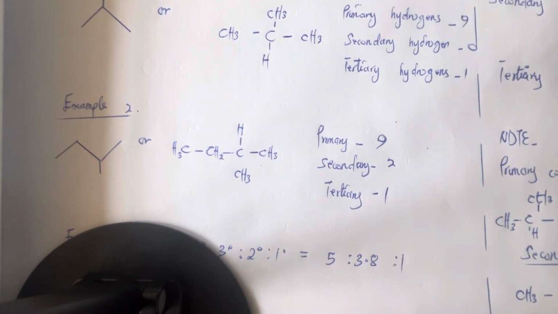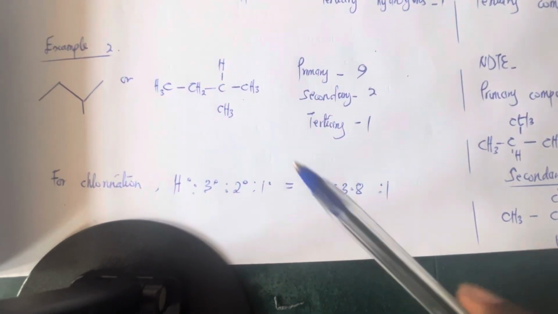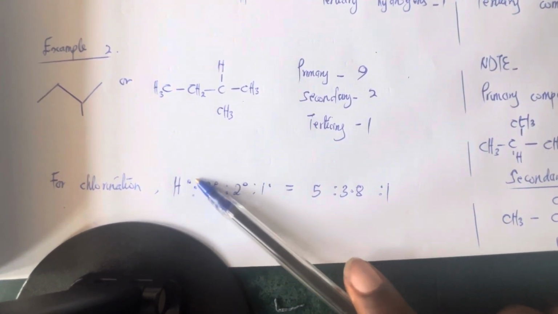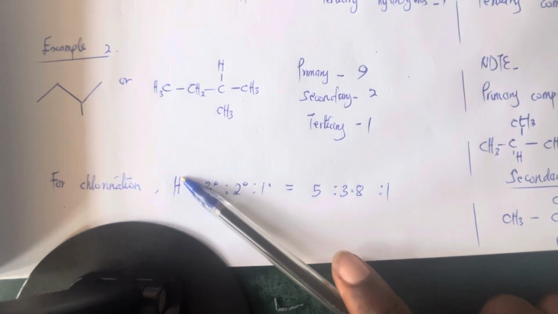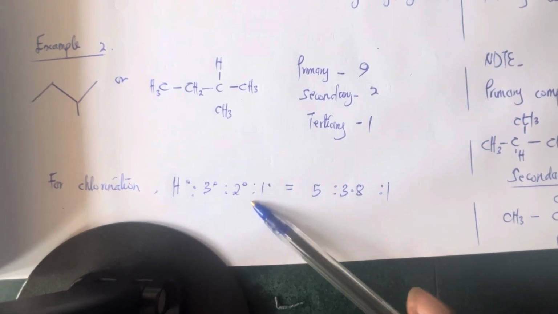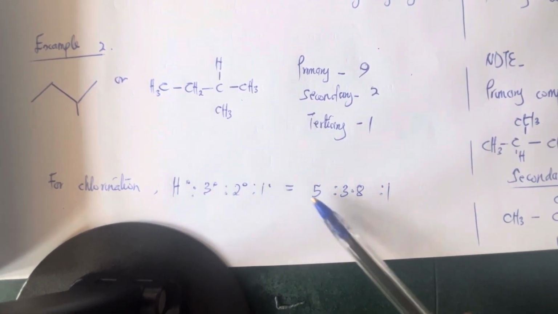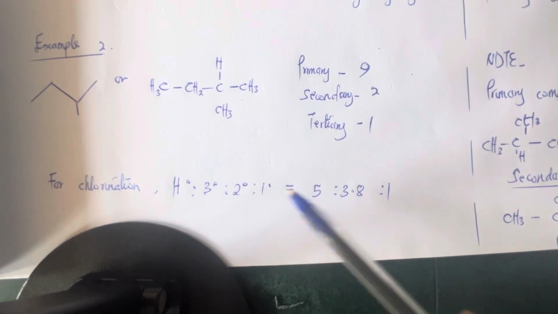So in the synthesis of alkane compounds, especially in chlorination, they will give you a ratio, like hydrogen with a degree. This means that this is a tertiary hydrogen, this is a secondary hydrogen, this is a primary hydrogen, and it corresponds to a specific rate or a specific number.